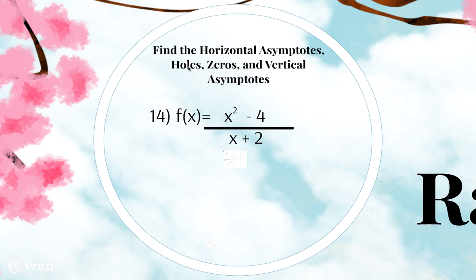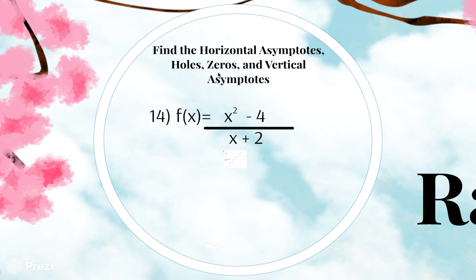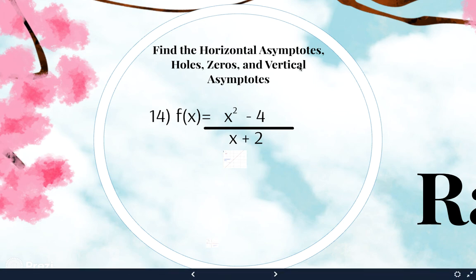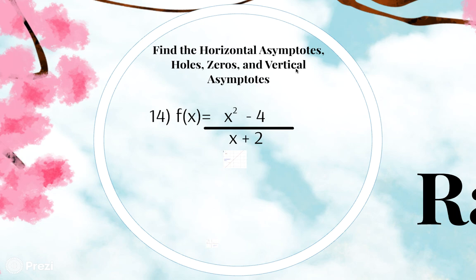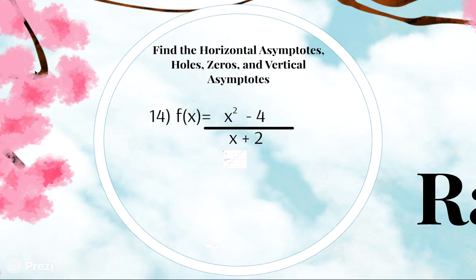And then whatever's left over afterwards, anything left in the numerator, we set those bad boys equal to 0 to find our zeros. Anything left in the denominator, we set those bad boys equal to 0 to find our vertical asymptotes. Are you ready for the most epic problems of the day? I'm totally ready. Go ahead and pause the video and watch example 14.